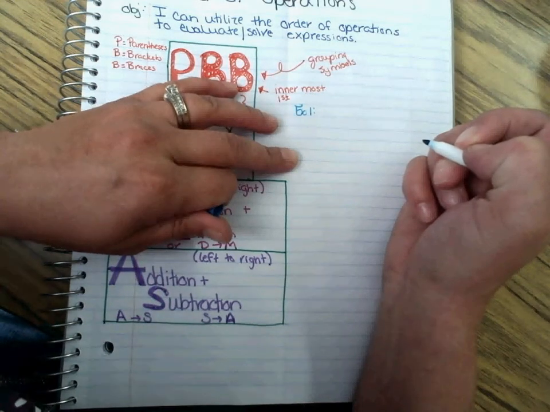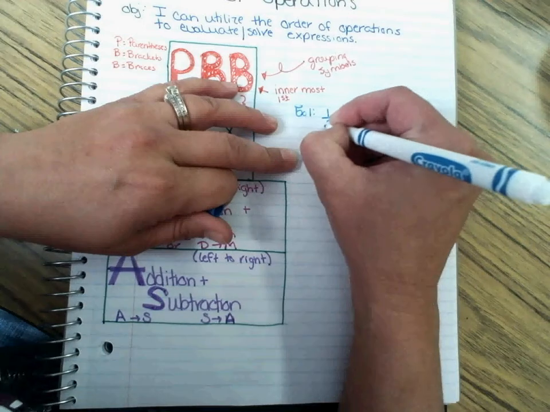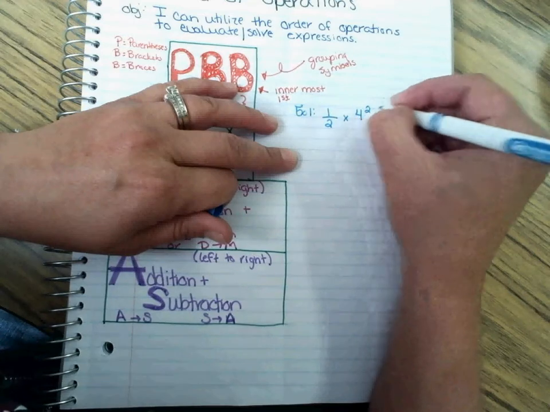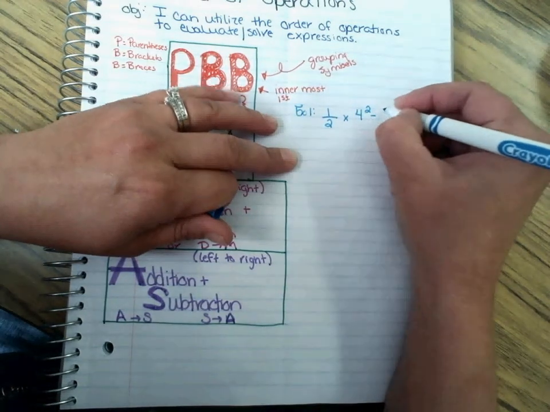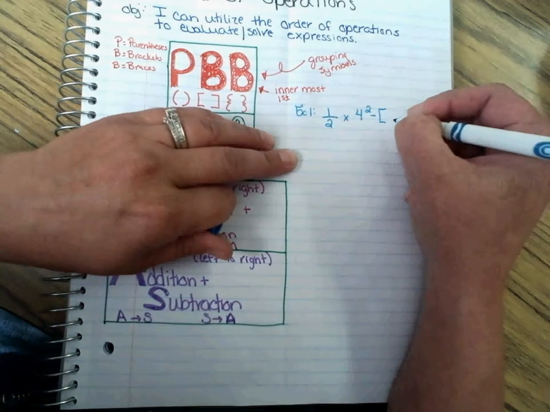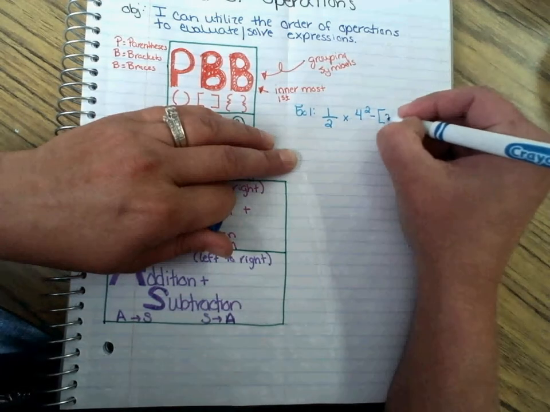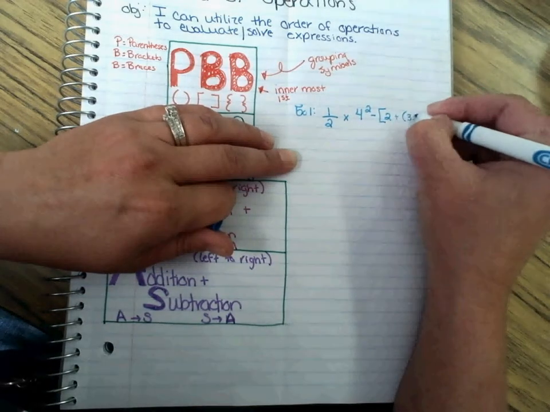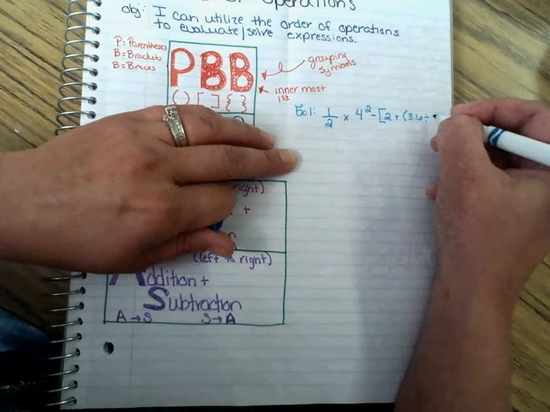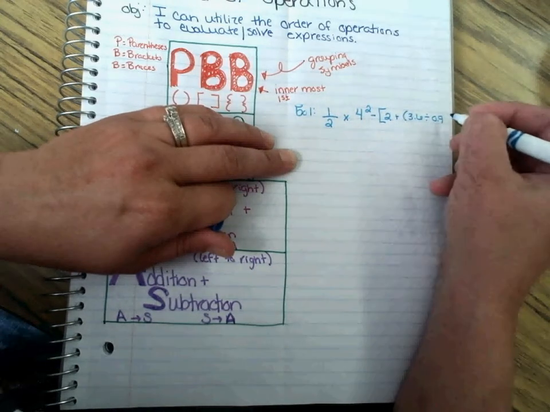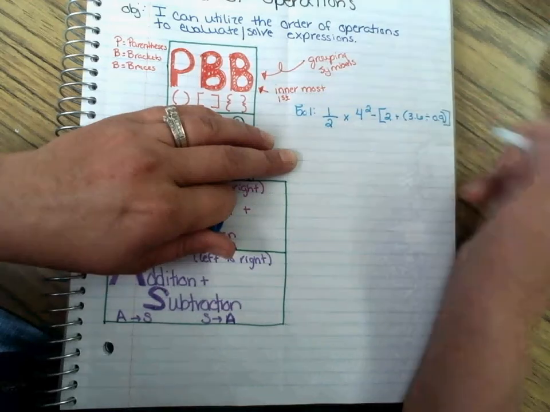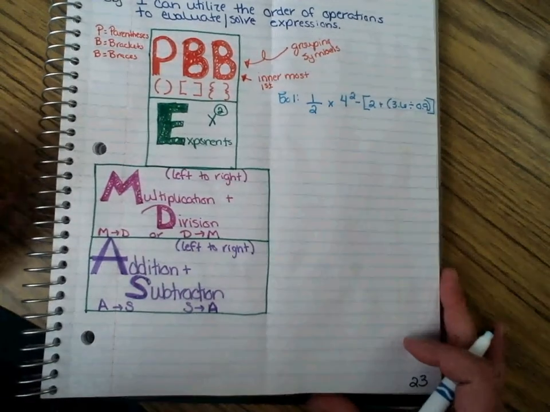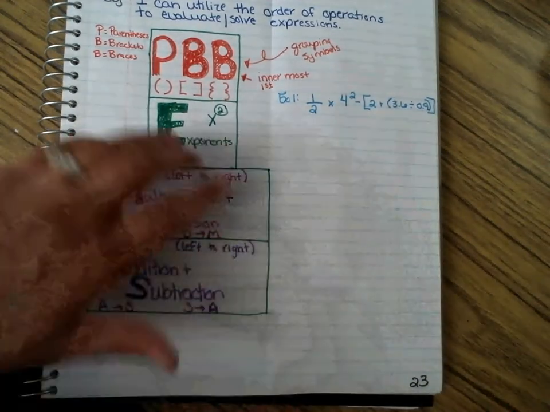And this is a numerical expression: 1/2 times 4 to the 2nd power minus, I have a bracket, 2 plus, here's some parentheses that are embedded, 3.6 divided by 0.9, close parentheses, close bracket. So this is all one numerical expression that we have to solve.